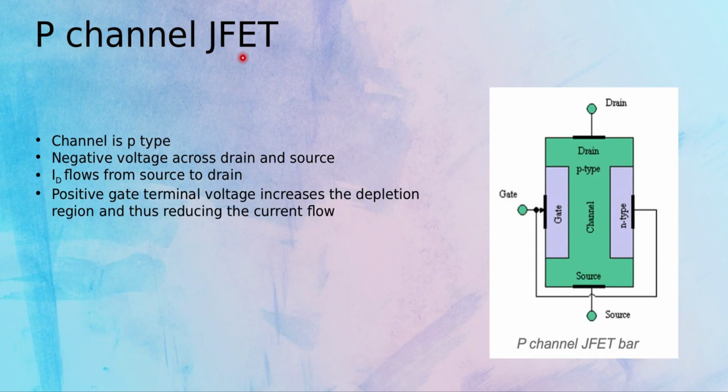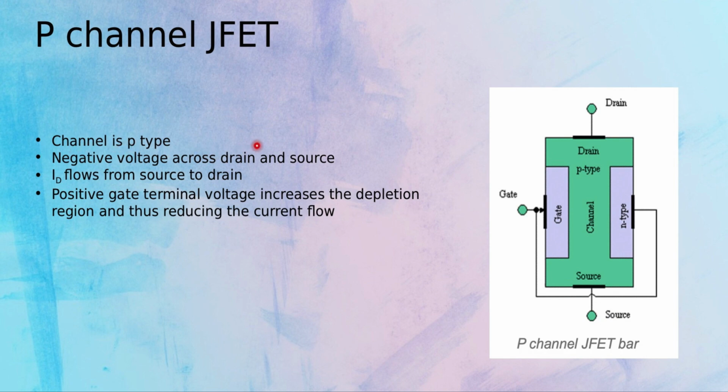Now this is the same in a P-channel JFET, with a little difference of course. The channel here is P-type instead of N-type. When I apply a negative voltage across drain to source, you have a current flow from source to drain. In N-channel, we had a positive voltage that creates conduction, but in P-channel, we have a negative voltage that creates conduction of electricity.